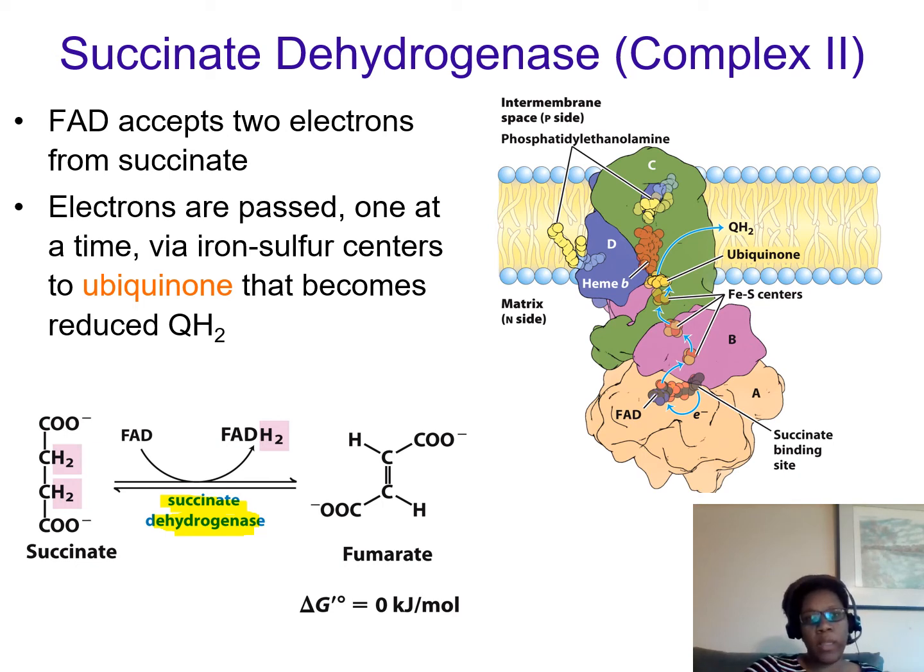And then where are they going to give those electrons to? We're going to transfer the electrons from our FADH2, and then those electrons are going to be passed just like before, to our iron sulfur centers. So now we're passing electrons from succinate to FAD to FADH2 to our iron sulfur centers, and then finally to ubiquinone.